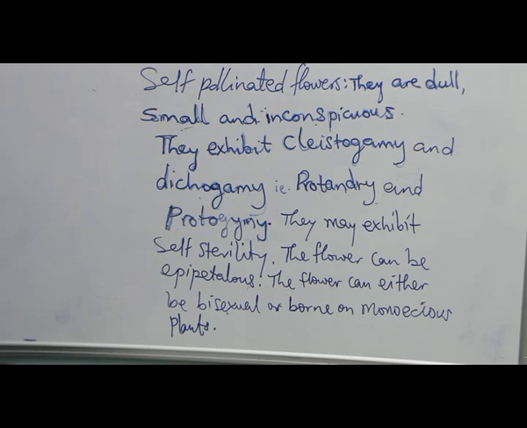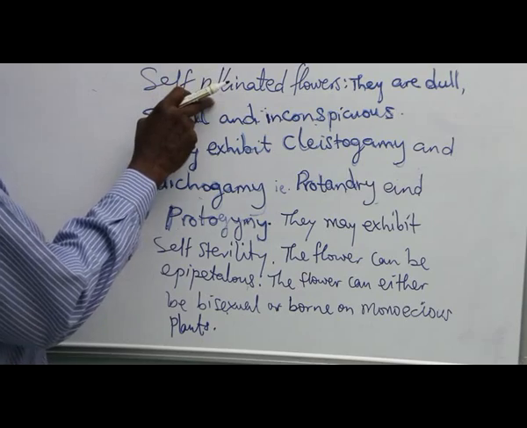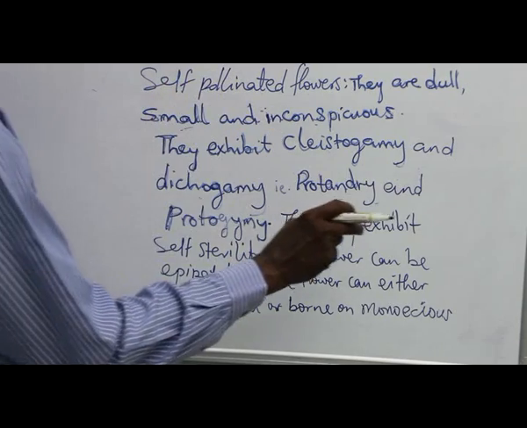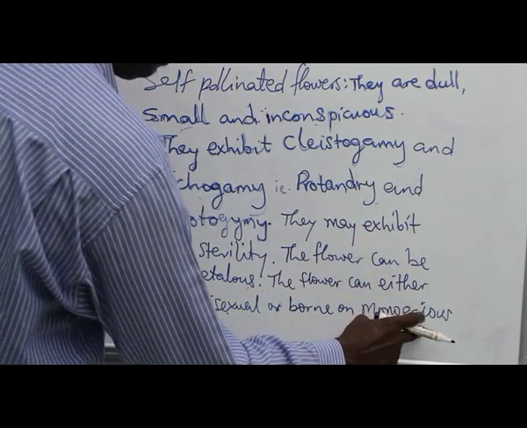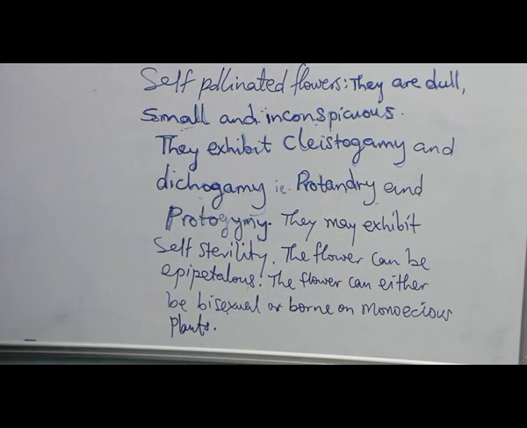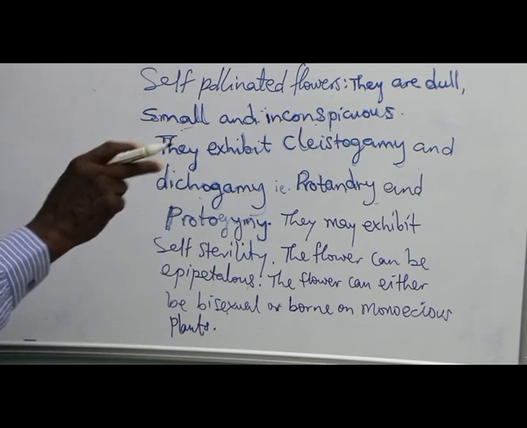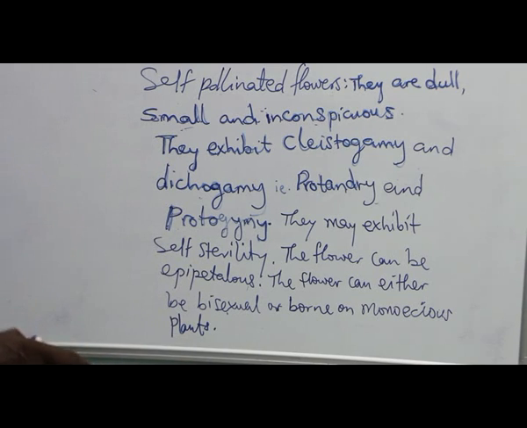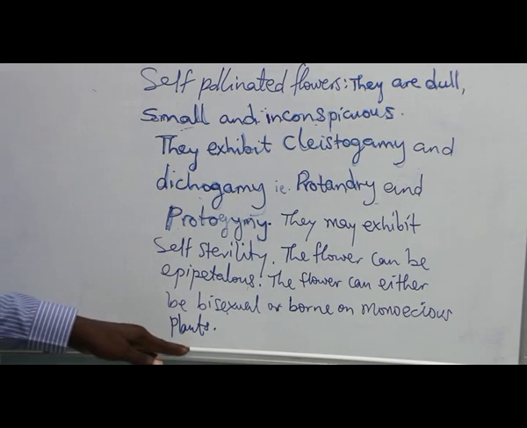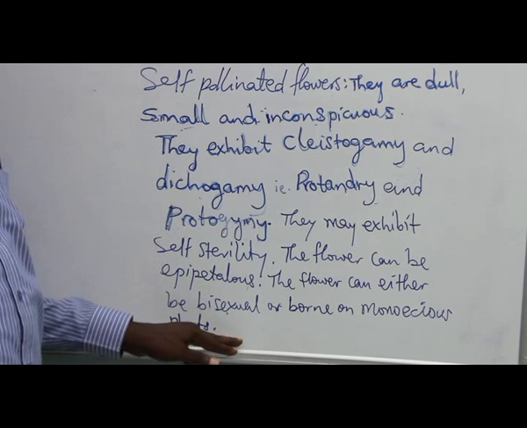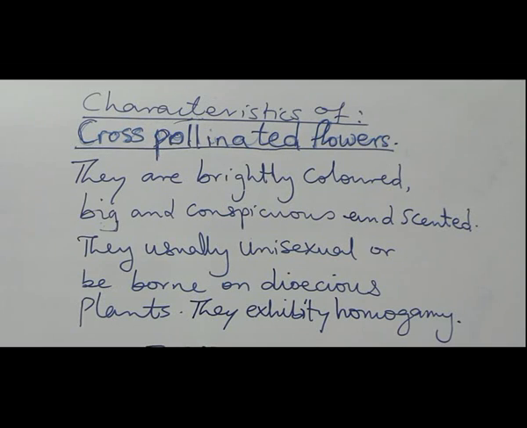In a monoecious plant, it is only self-pollination that can take place, because the plant is either bearing only the female flowers, like we have in some pawpaw, or is bearing only the male flowers. So we have examples of monoecious plants as pawpaw, palm tree, and so on.